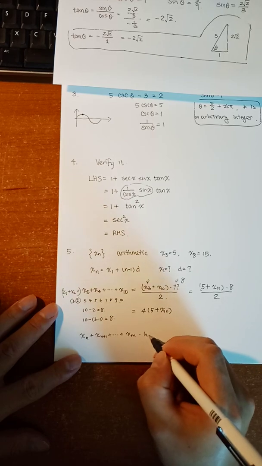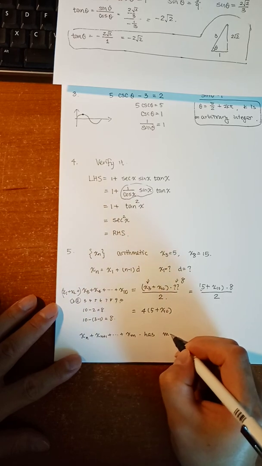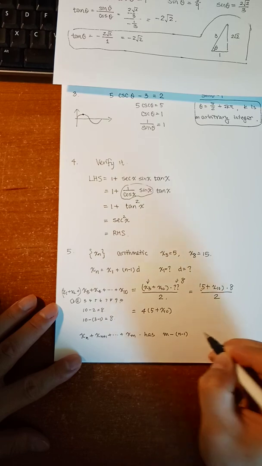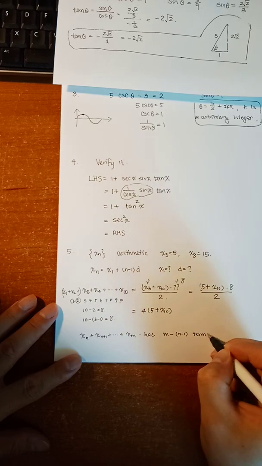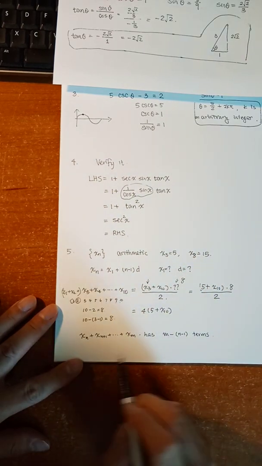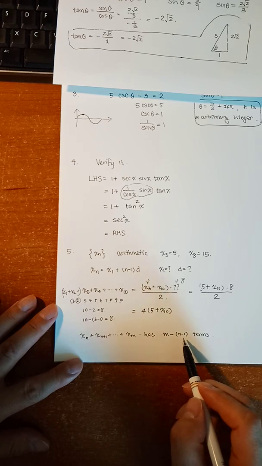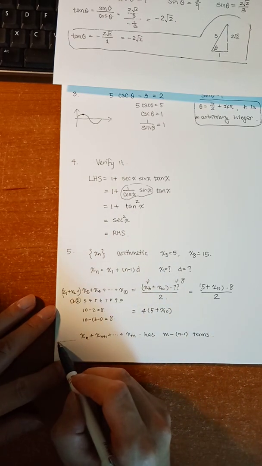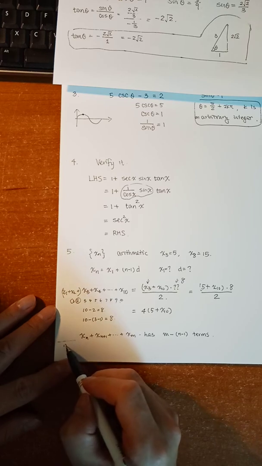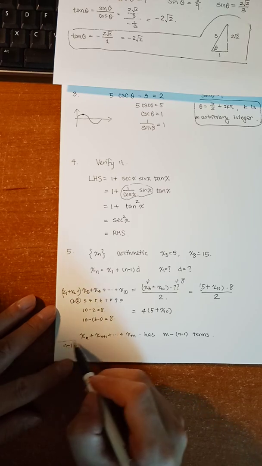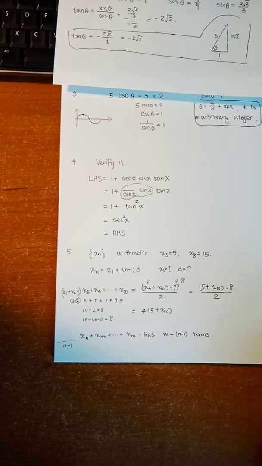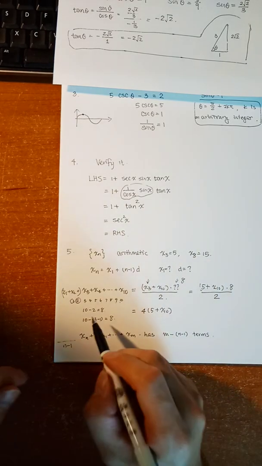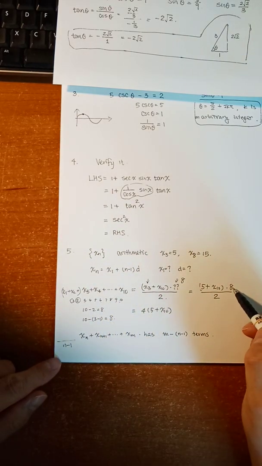There are m minus (n minus 1) terms, because before xn there are n minus 1 terms. All right, so this is a way to determine how many terms we have.